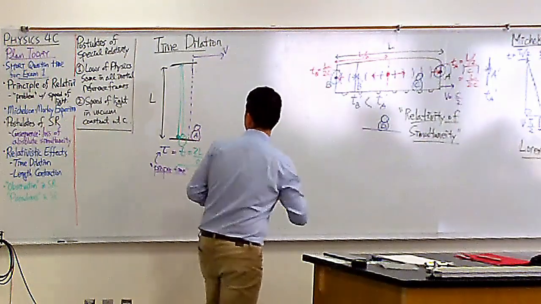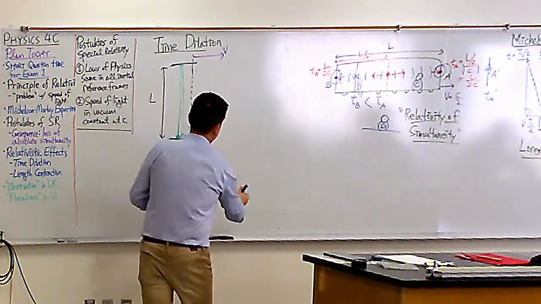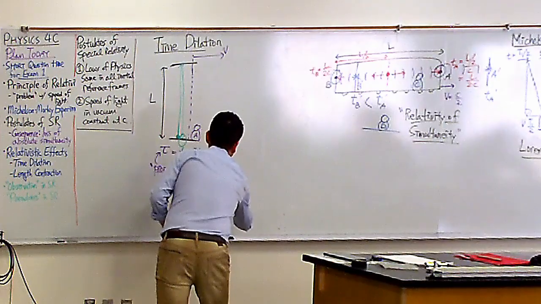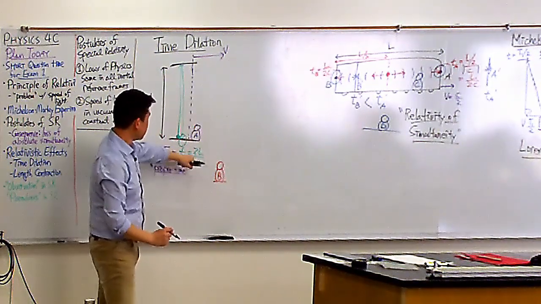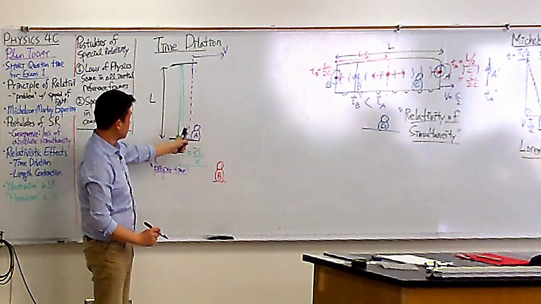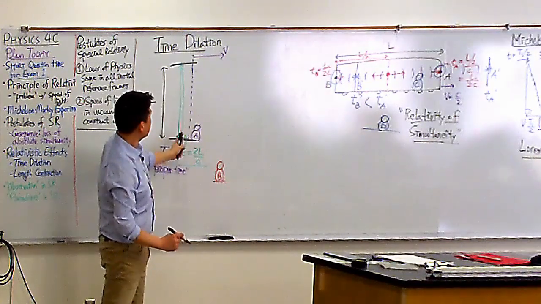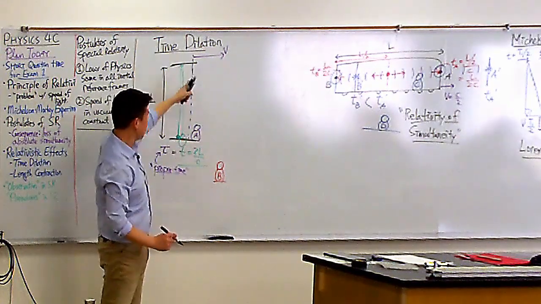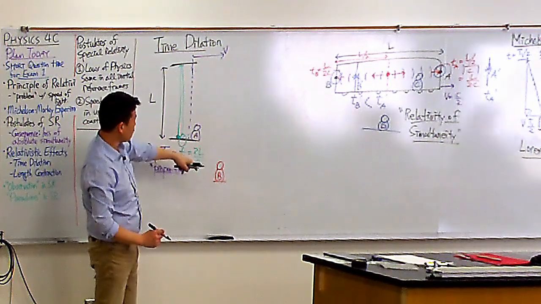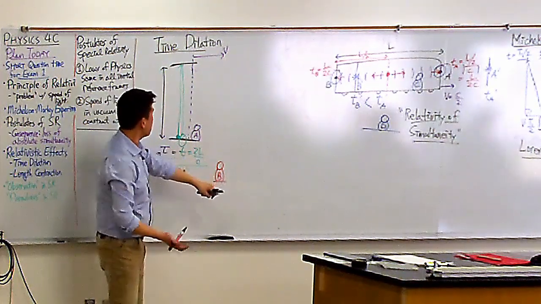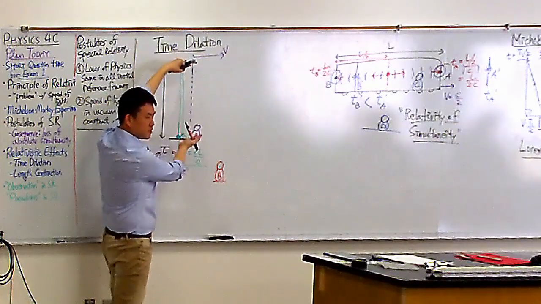From the perspective of observer B, who's sitting out here watching the clock move, does it still take the same amount of time for this light to bounce from one mirror to the other mirror and then come back? From the perspective of B, are these two mirrors staying stationary?